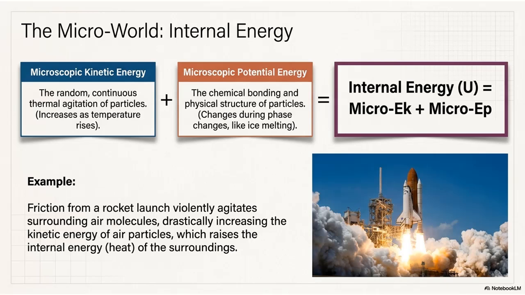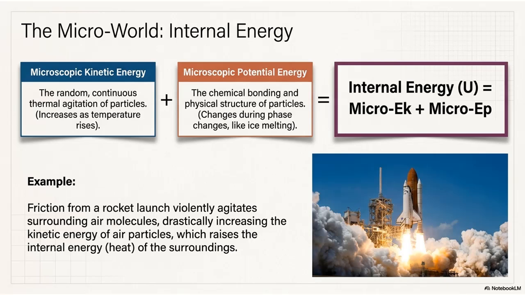Internal energy U. Physics is not just about what we see on the outside. Every system has internal energy U at a microscopic level. This energy comes from two sources: microscopic kinetic energy and microscopic potential energy. The random thermal agitation of particles, which increases with temperature, is microscopic kinetic energy.